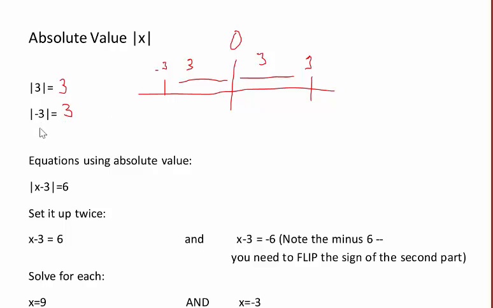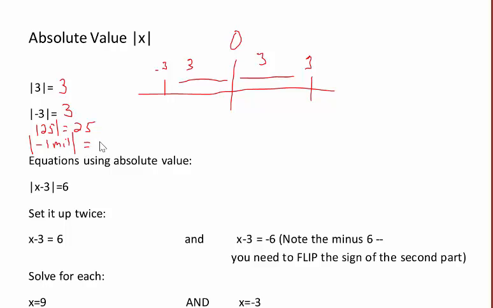Okay, let's try a couple more. What is the absolute value of 25? The distance of 25 to 0 is just 25. And what about the absolute value of minus, let's say, I'm not going to write this out, but 1 million.